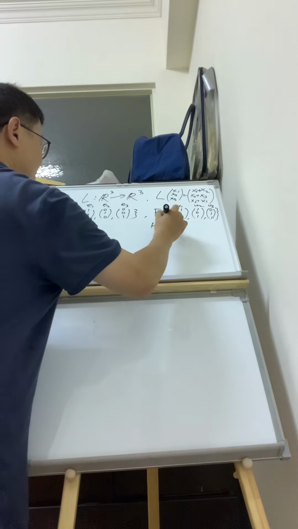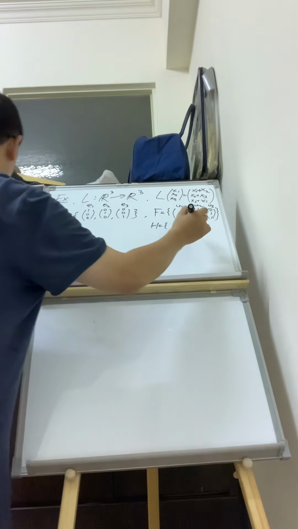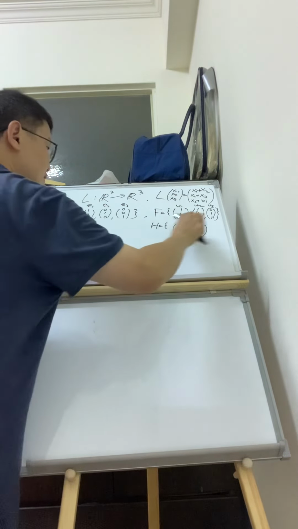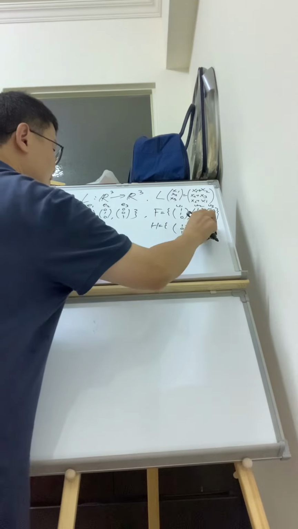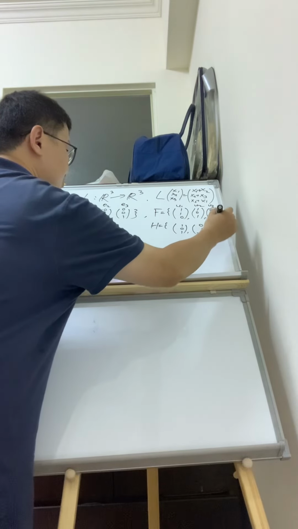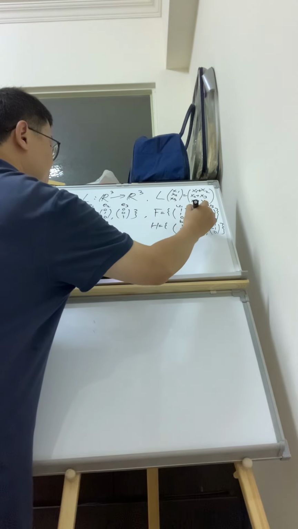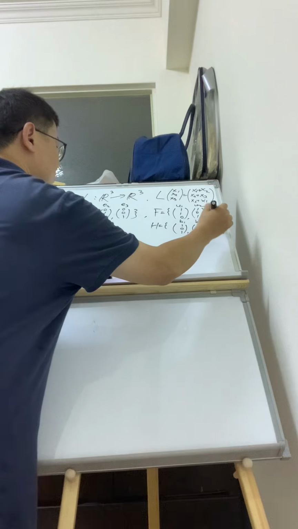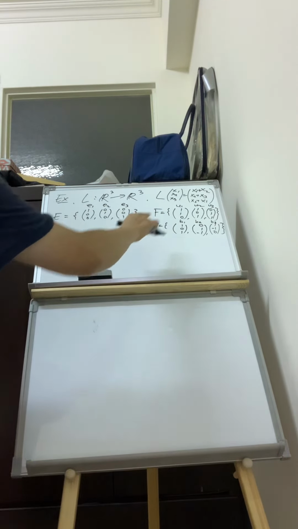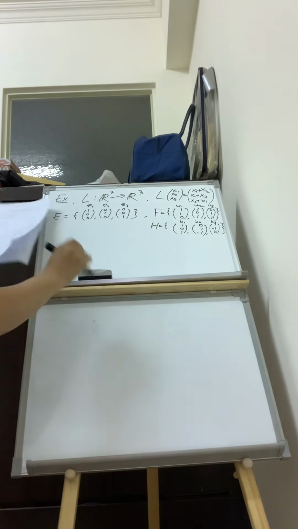And another basis H is 1, 0, 1; 0, 1, negative 1; and 1, negative 1, 0. And we denote it by B1, B2, B3. Once you check the determinant, all of them are non-zero, so all of them are bases of R3.